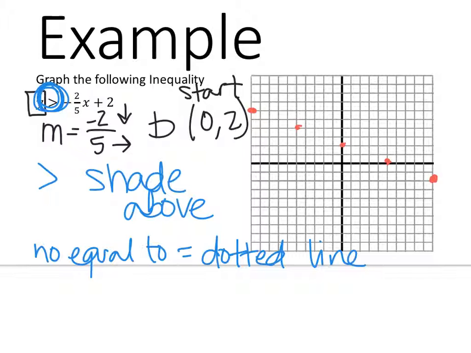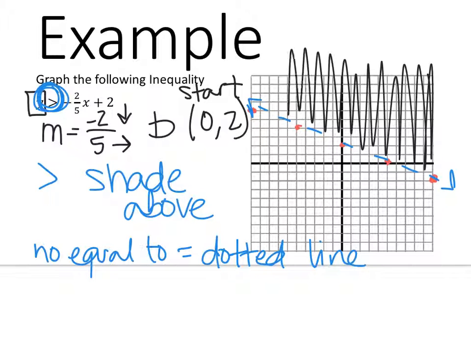So between these points, I'm not going to put a solid line, I'm just going to dot it. And this is for the same reason that we have either a closed point or an open point when we graph this on a number line. And then because y is greater than, I'm going to shade everything in my graph that is greater than this line. So that's a quick way of graphing inequalities.